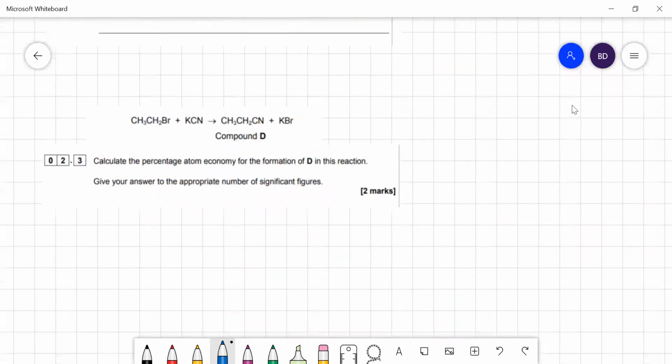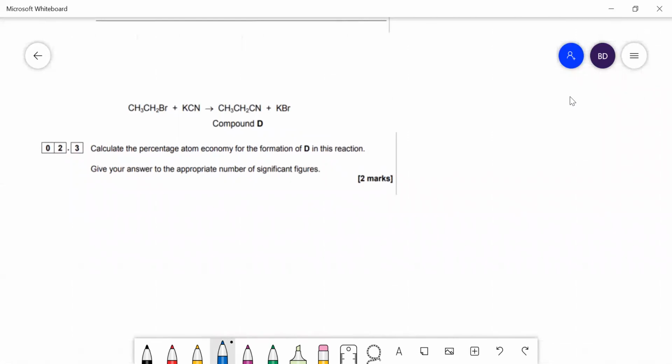Right, now we've got to calculate the percentage atom economy for the formation of D in this reaction. Okay, let's write the molecular weights down for each of those compounds.